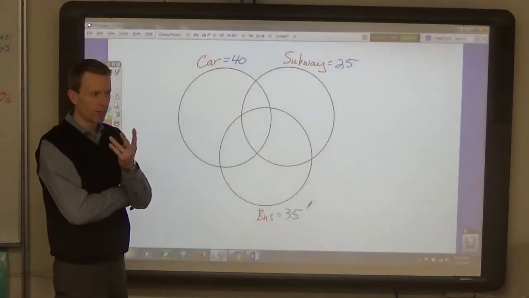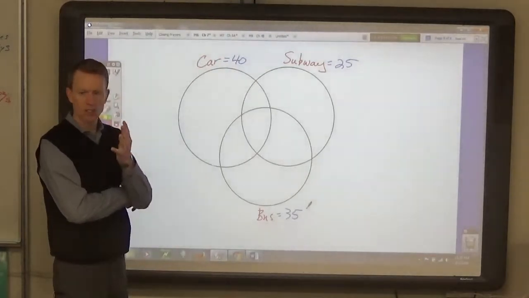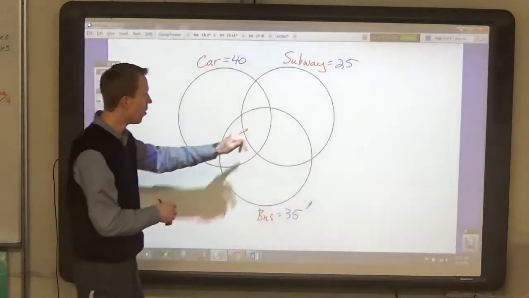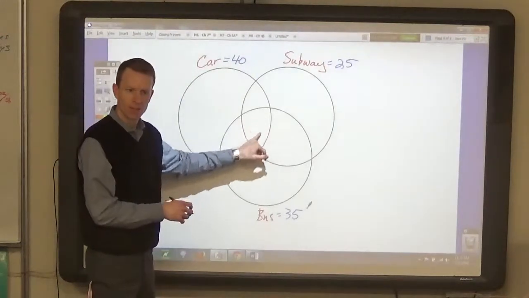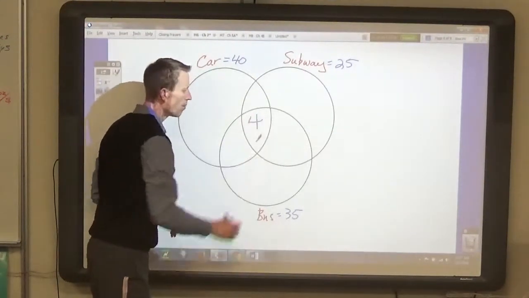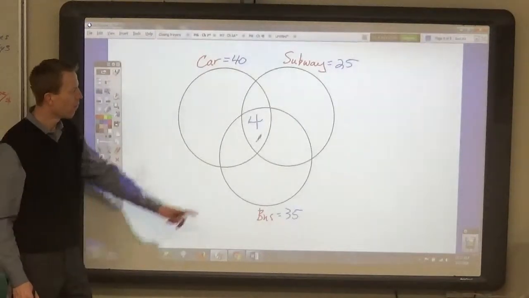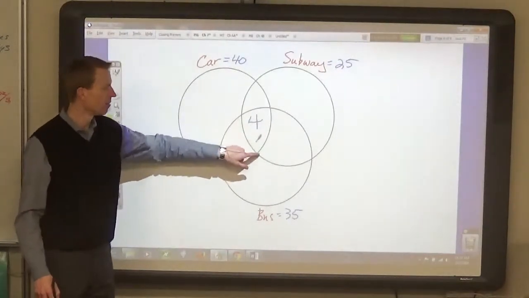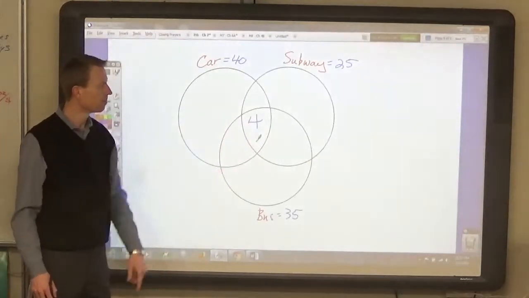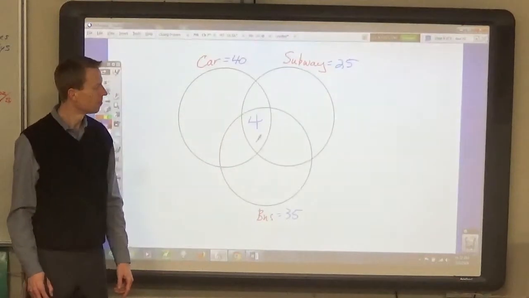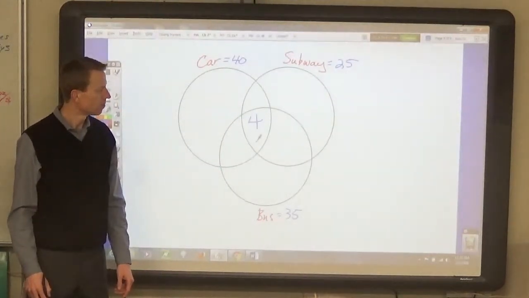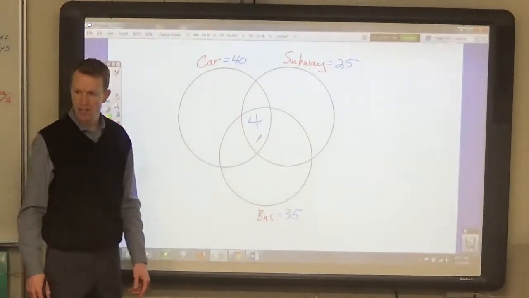Start with the 4, because those are the ones we know go in the middle. So that's the next number you should put in, 4. 4 use all 3. Okay? Yes? Where is it? It's at the top.